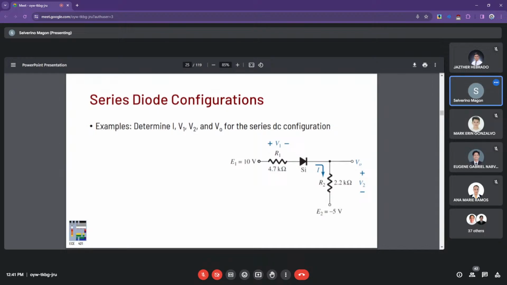And the voltages for resistors 1 and 2 are obtained using Ohm's law. So you have around 2 milliamps times 4.7K, then you have around 9 point something volts. So that's your V1, no? 4.7K. While for the 2.2K, you have another similar calculation, 2 milliamps times 2.2. You'll arrive at around 4.5 volts.